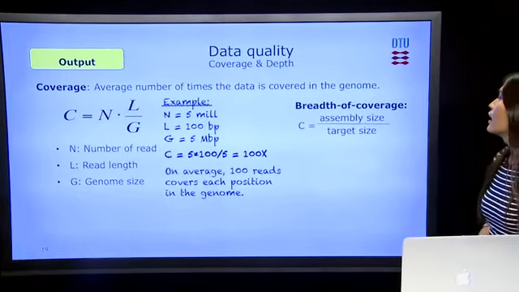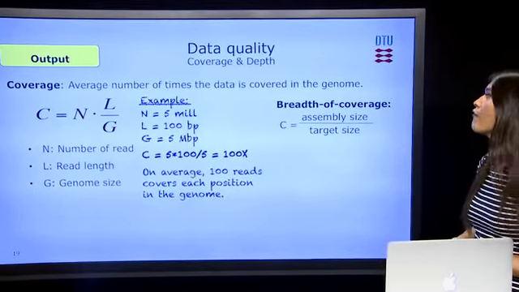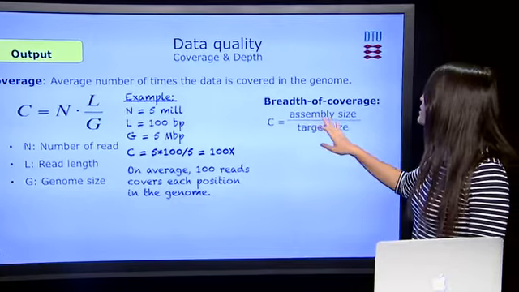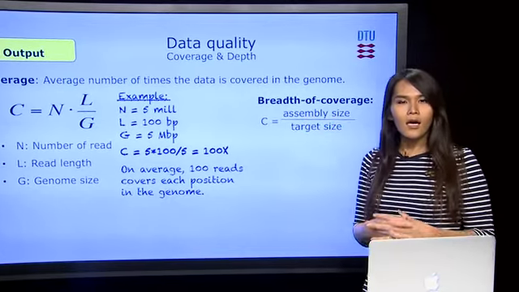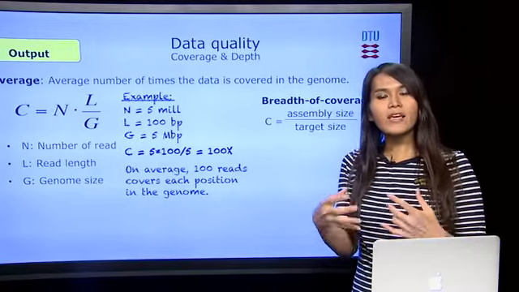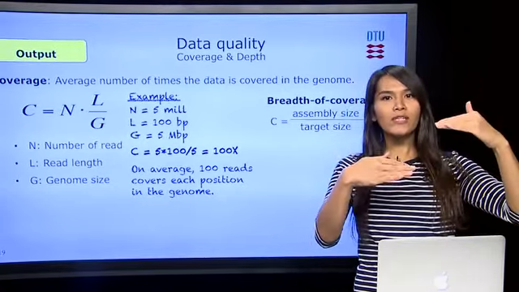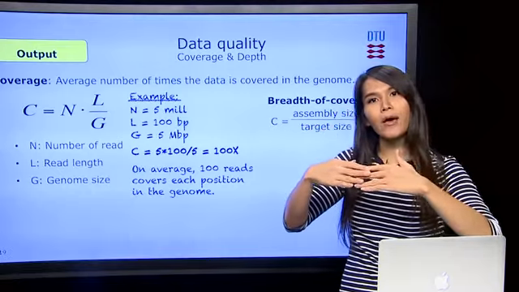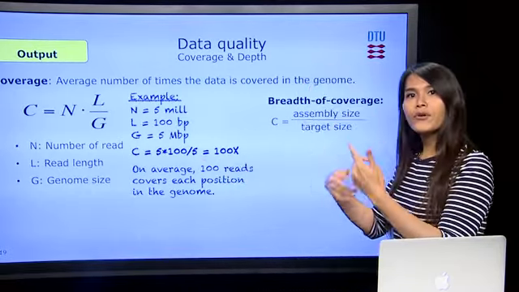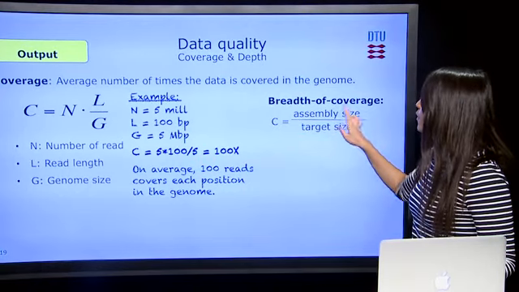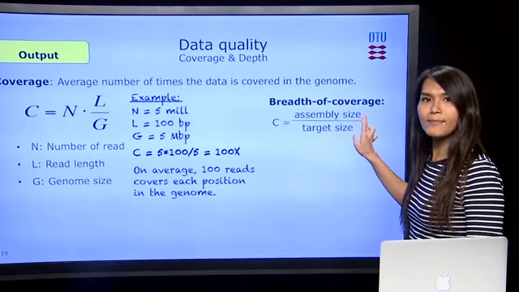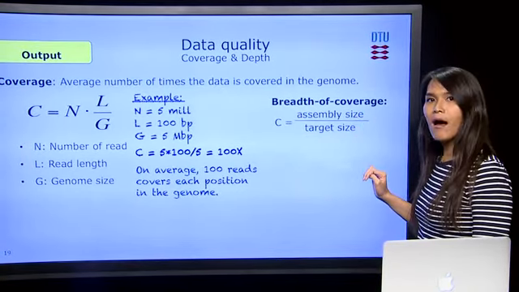Another parameter is similar to coverage, but we call it breadth of coverage. You divide the assembly size by the target size. I will tell you more about the assembly. The thing is, you have raw reads and you try to assemble them into something that we call contigs, and then you sum up all the base pair in your assembly, and then you will know the assembly size.